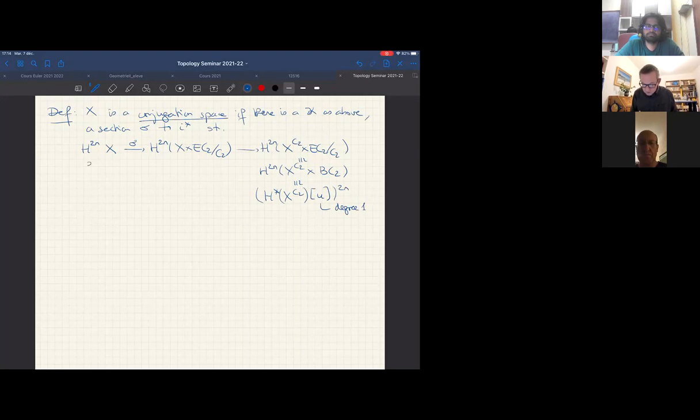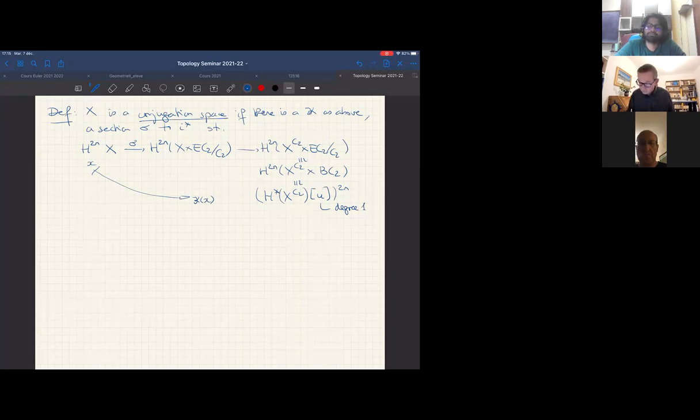So if we start with the class here, then it should go to some class there, which has something to do with the data we have at hand. And there is one obvious class here. If we have x, then we have the corresponding class kappa of x in the cohomology of the fixed points, of degree n.